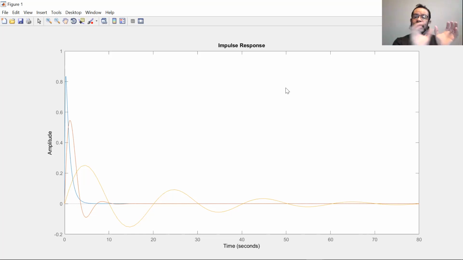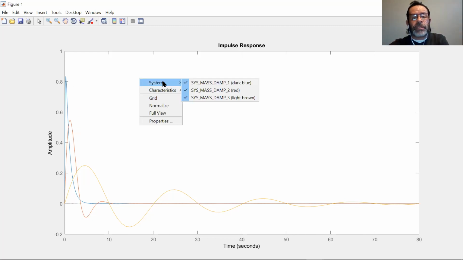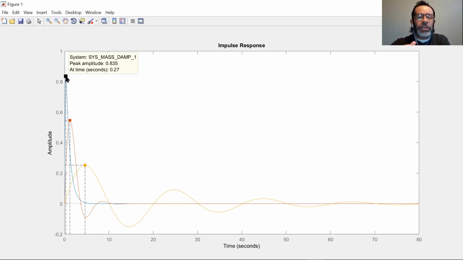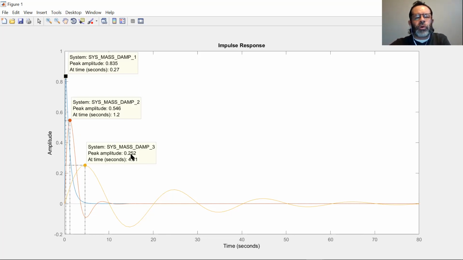So the mass that's lighter, if we go to the peak response, the lighter mass has a peak response of the largest amplitude, 0.835. Then we've got the next one, 0.546, and the third one, which is the heaviest one, 0.252.